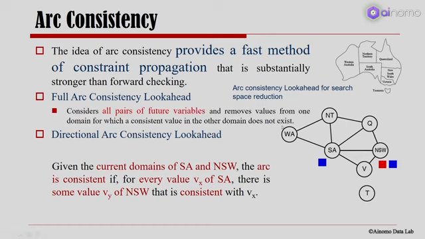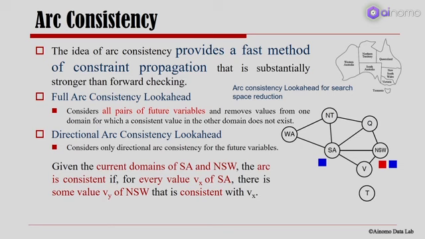The directional arc consistency look ahead is about considering only directional arcs for the future variable, like in the map coloring example, SA to NSW.